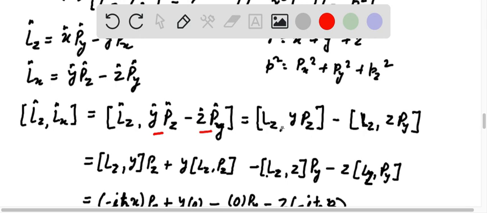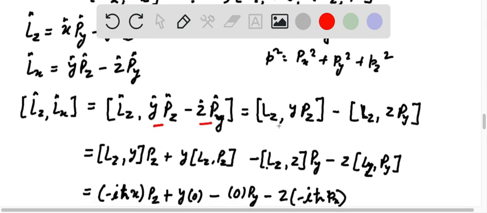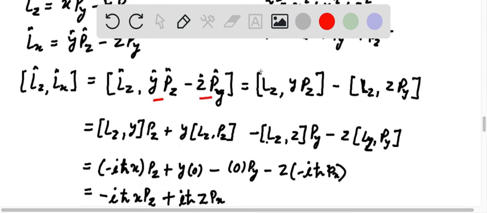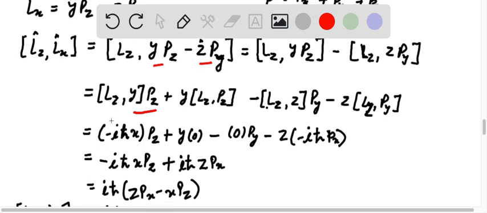Now apply the property: Lz with y pz plus y Lz pz minus Lz z py minus z Lz py. As we know from part A, Lz with y is minus iħ x and pz is as it is, y Lz pz is 0, minus Lz with z is 0 and py, minus z and the commutation Lz with py is minus iħ px.